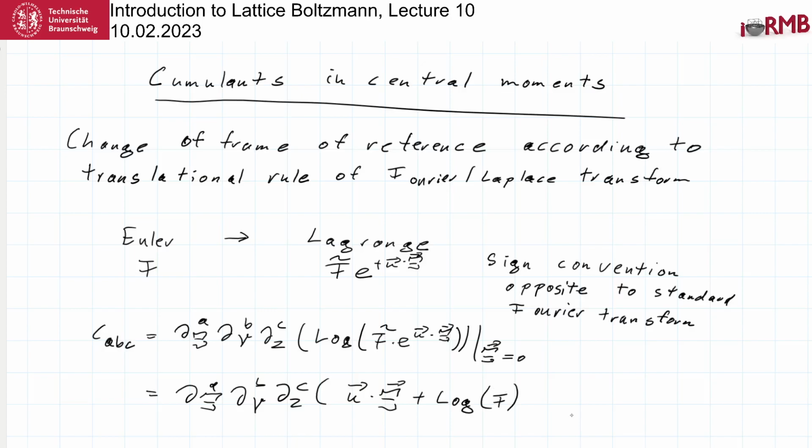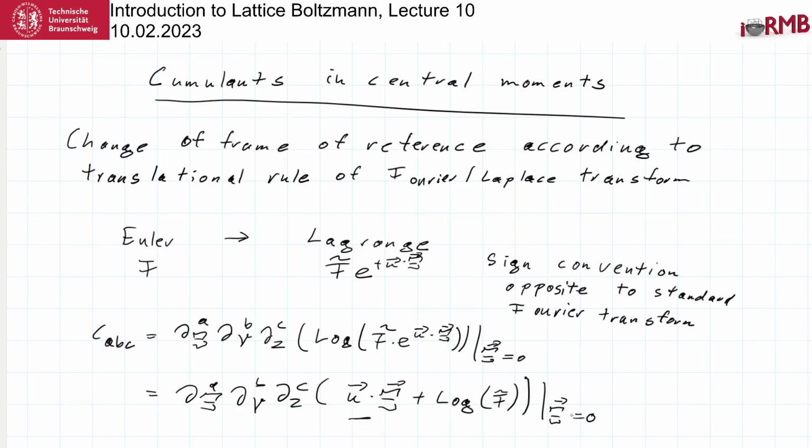Then we take the derivative, and after taking the derivative we set theta equal to 0. What will happen? There is no u anymore in the logarithm of f. The only occurrence of u is here, and it will be taken out by the first derivative because it's a linear function.